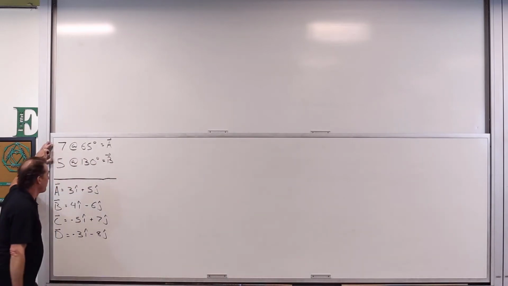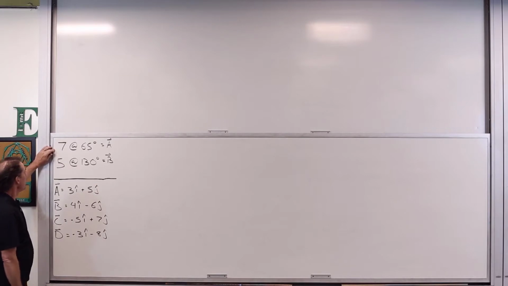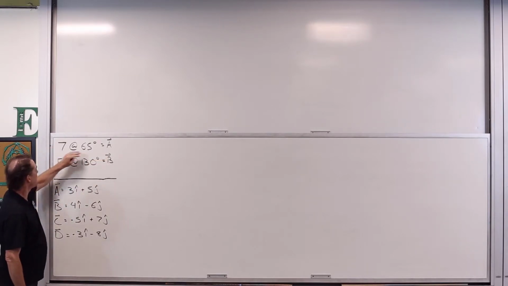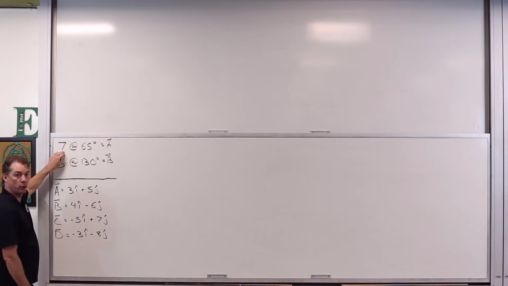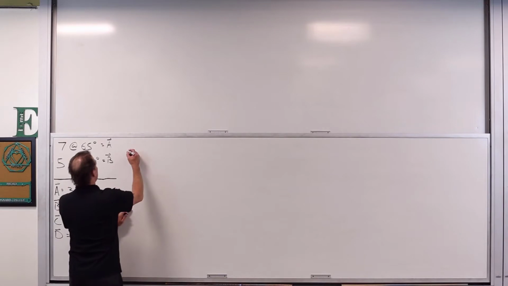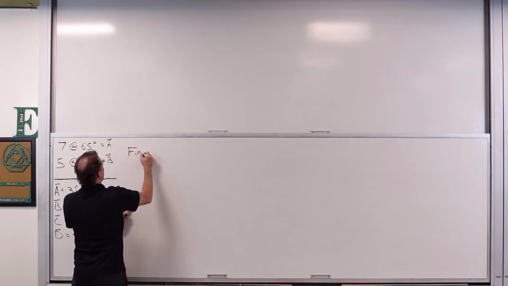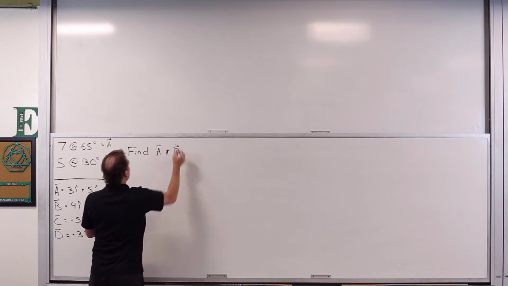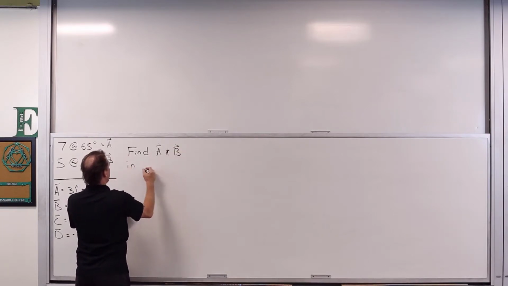We're going to start off with this first problem that involves taking a vector, I'm going to call it A hat, and say that it is 7 at 65 degrees. Magnitude is 7, 65 degrees is direction, and we want to find A hat and B hat in unit vector notation.